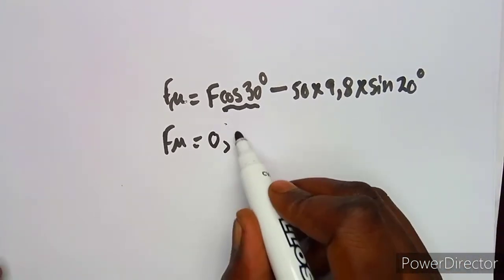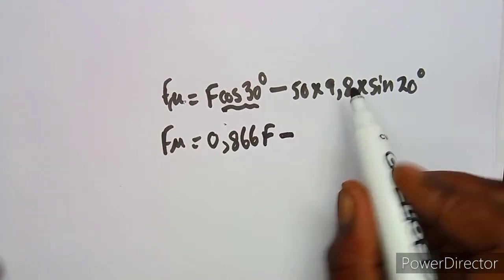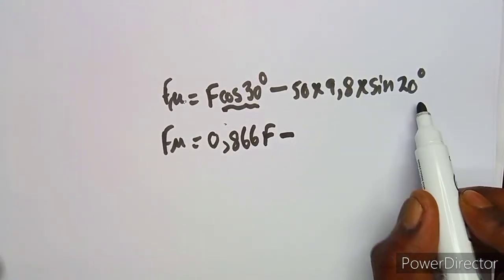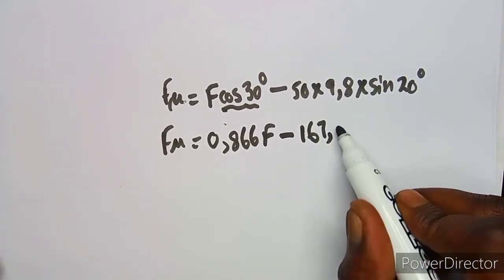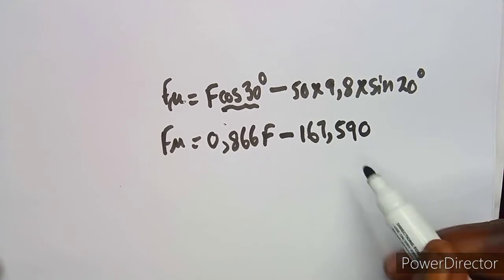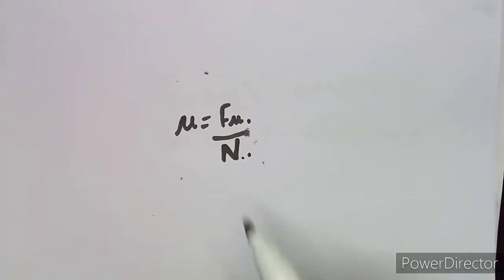But you can just round off, which is going to be 0.866F minus, you multiply these together, which is going to be 167.590. So this is what you're going to have there. So you just leave it like that. Okay, remember what we need is to substitute on this formula here. This is where we need to substitute.